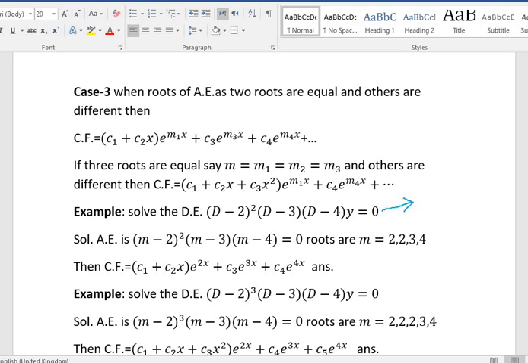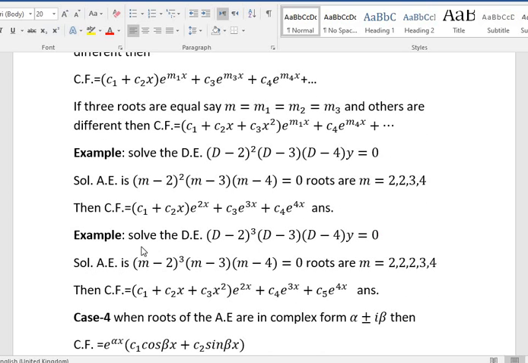Now what is the meaning of that? If I take another example: solve the differential equation (D minus 2) power 3, (D minus 3), (D minus 4) into y. When you write the auxiliary equation, it comes (m minus 2) power 3, (m minus 3), (m minus 4) equal to 0.